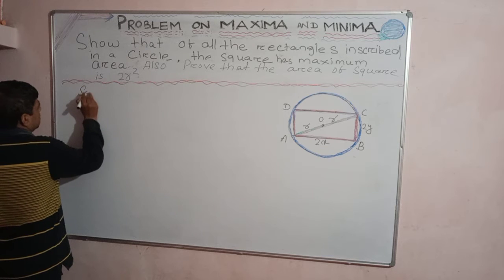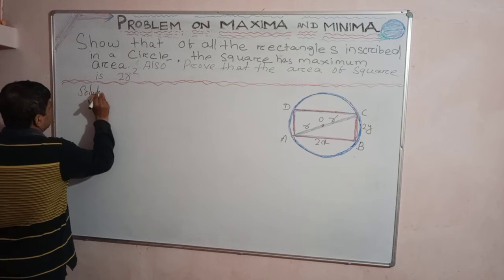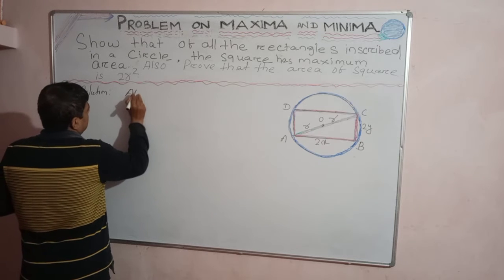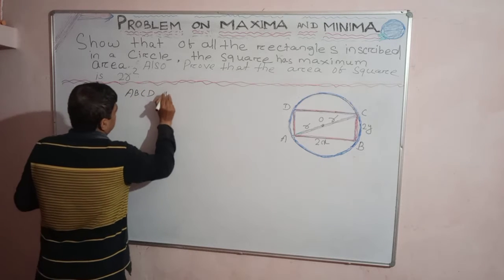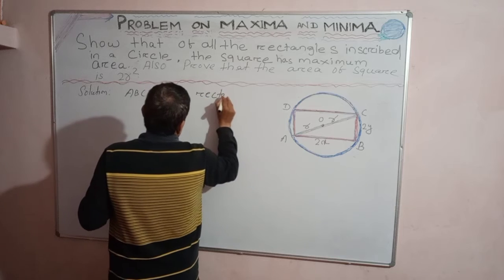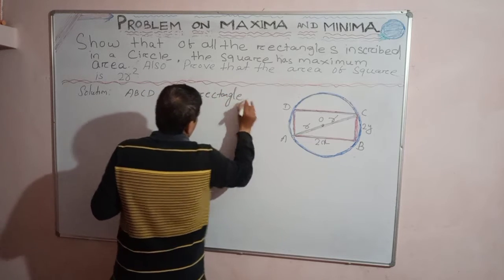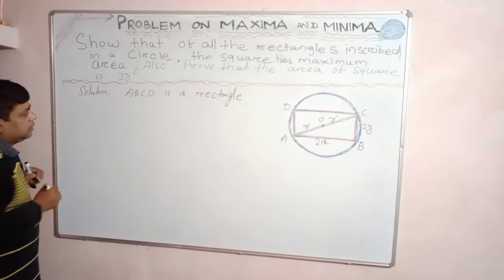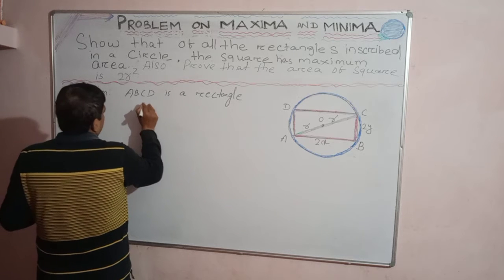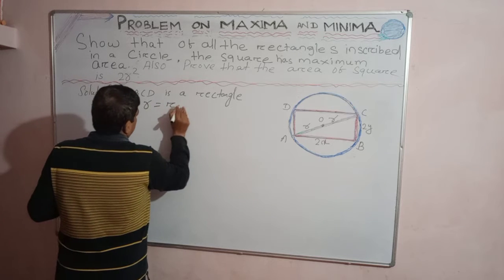Let us start. Solution. ABCD is a rectangle inscribed in the circle. R is the radius of the circle.